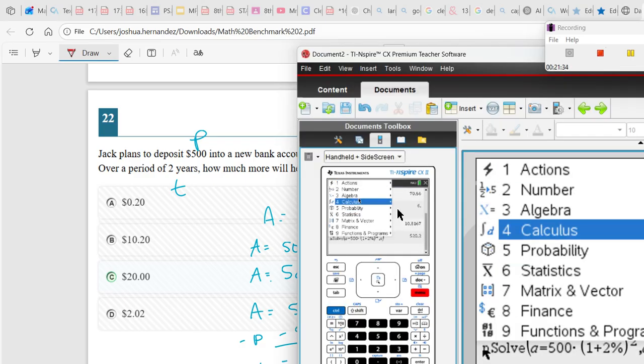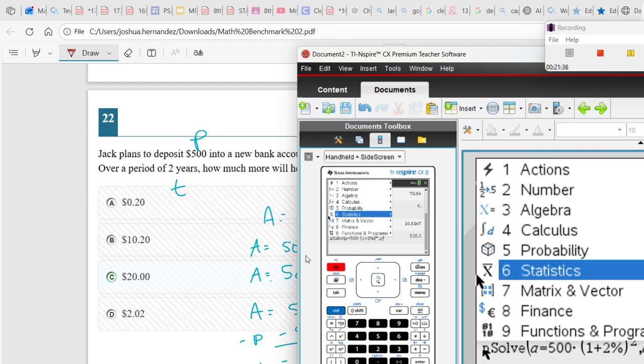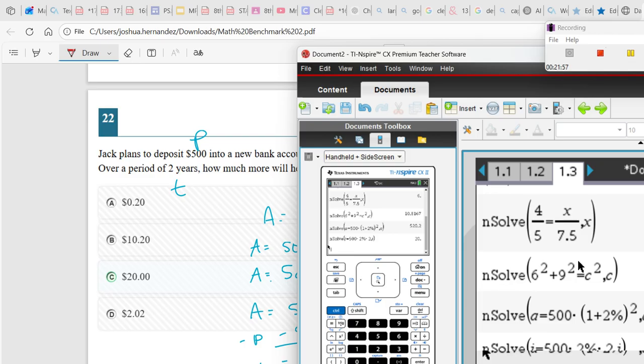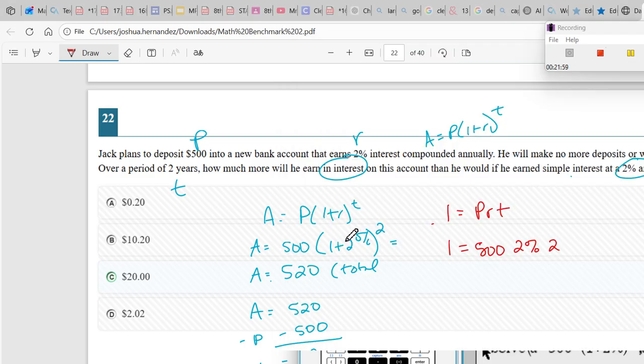So turn it on. Menu 3, 1. And I equals P, 500 times the rate of 2% times 2 years, and comma I, $20.